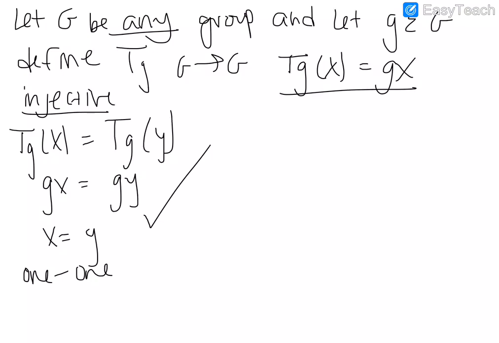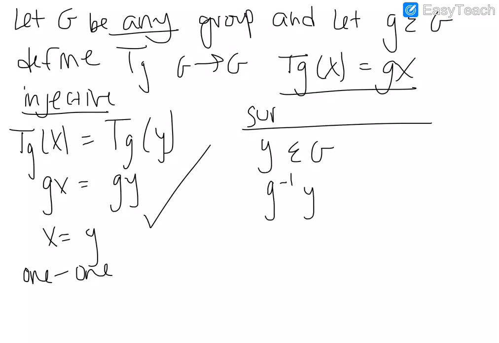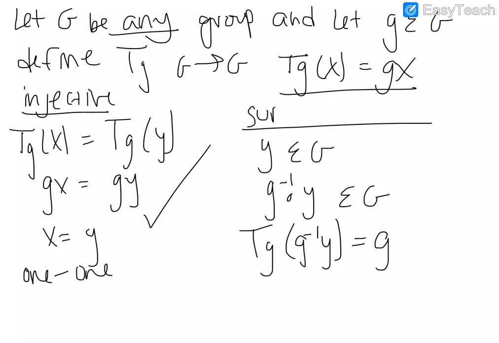Now we're going to prove that it's surjective. We have the inverse law. Let y be an element of G, and because of the inverse, g inverse composed with y is also an element of G. So T_g of g inverse y is equal to g times g inverse times y, and we know that this will go away.